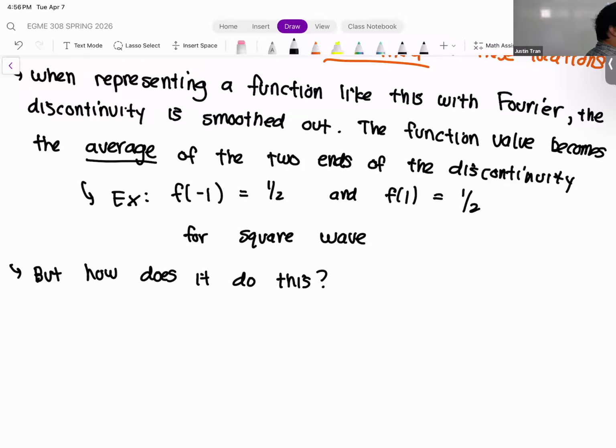So the thing to remember with Fourier is that Fourier at its heart is basically taking your function and representing it using sines and cosines.